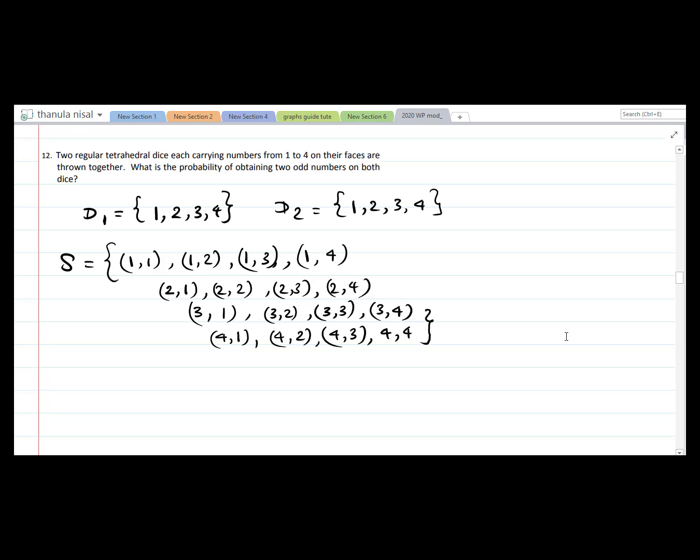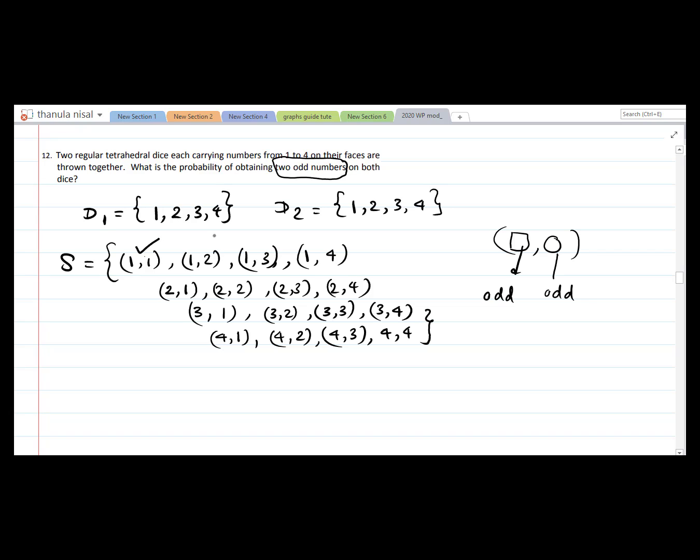Now we are going to find out the probability of obtaining two odd numbers. Two odd numbers, that means the first one is odd. If you are going to write down two numbers, this one should be odd, this also should be an odd value.